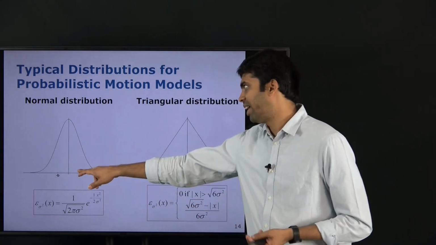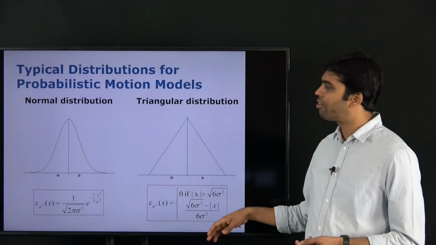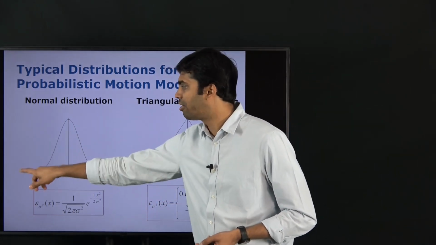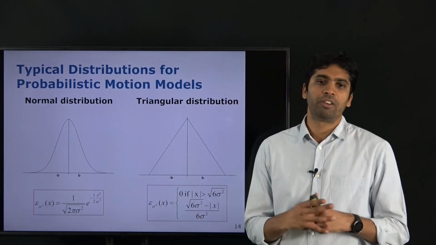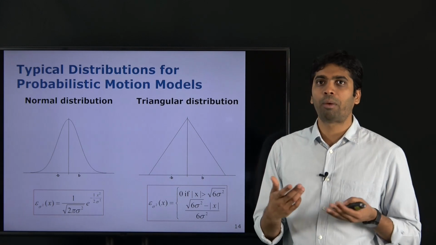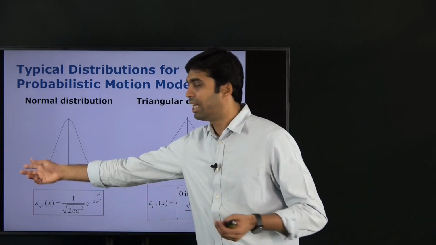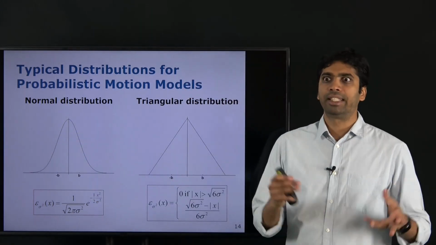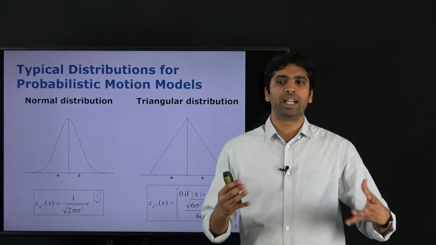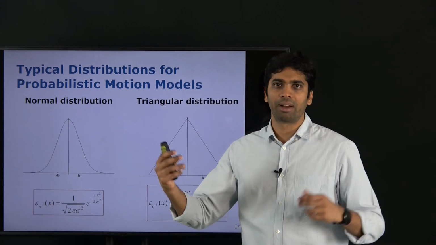It looks very much like a normal distribution, apart from the fact that in the normal distribution, even if you go very far away, even to infinity, there is a very small but still nonzero probability of you being infinitely away, which in the case of a robot's movement is equivalent to the robot being kidnapped, for example.